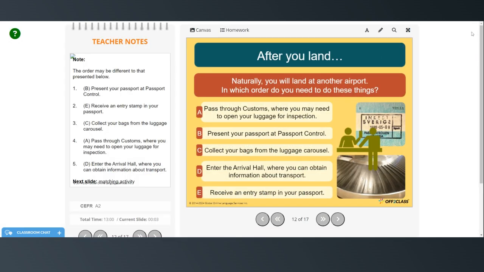All right, so first you're going to present your passport at passport control, receive an entry stamp in your passport, collect your bags from the luggage carousel, pass through customs where you may need to open your luggage for inspection, and then enter the arrival hall where you can obtain information about transport.